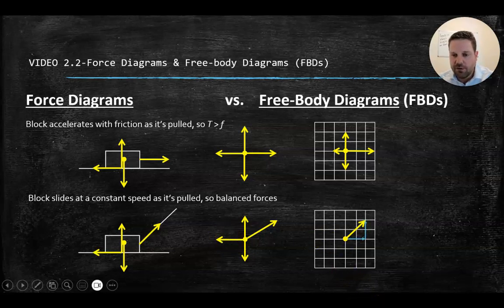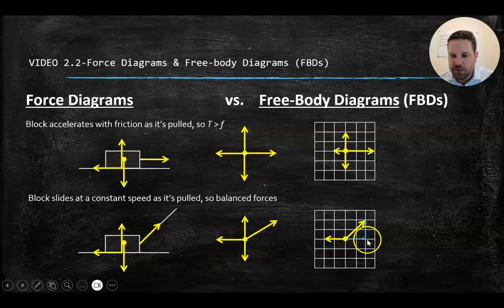So that angled tension, which can be the hypotenuse of a right triangle, we need then the horizontal component to balance out with friction because it's balanced forces. So I need to make sure 2 boxes left, 2 boxes right. And that 2 boxes right has to be the x component of a right triangle.